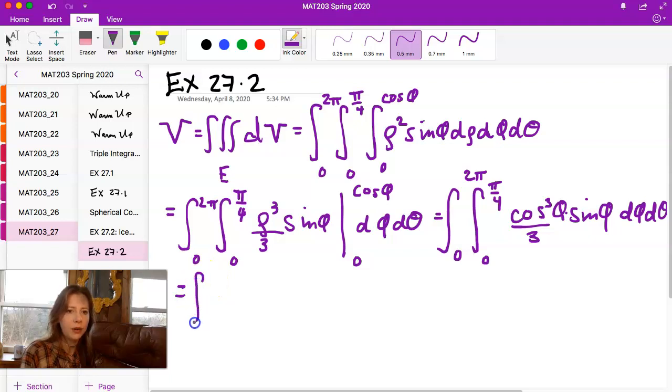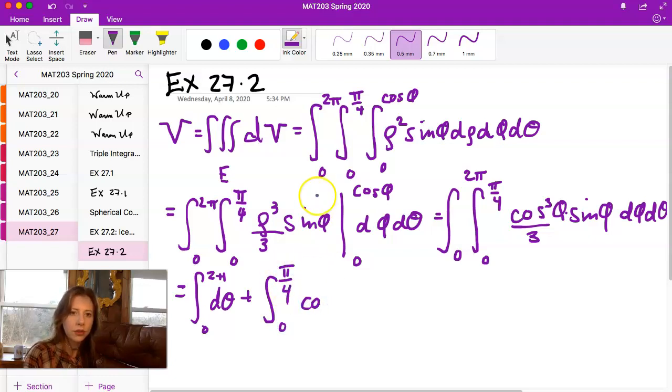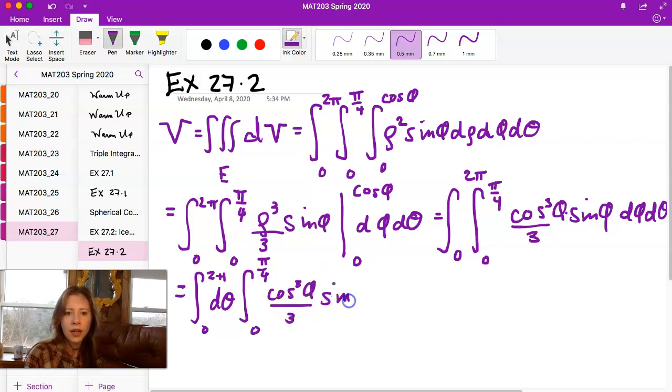And so we can separate this out if we wanted to, and do it separately. We can go from 0 to 2 pi d theta, times the integral from 0 to pi over 4 of cosine cubed phi over 3 sine phi d phi.